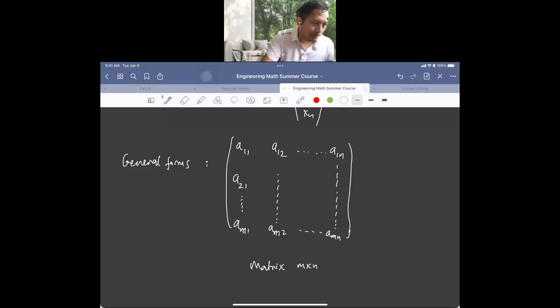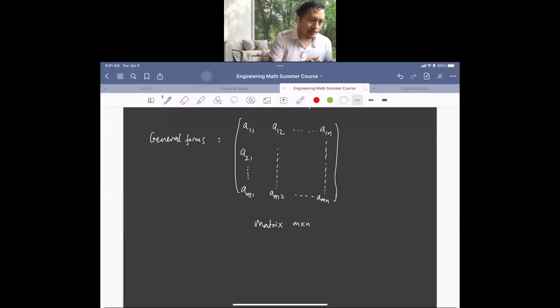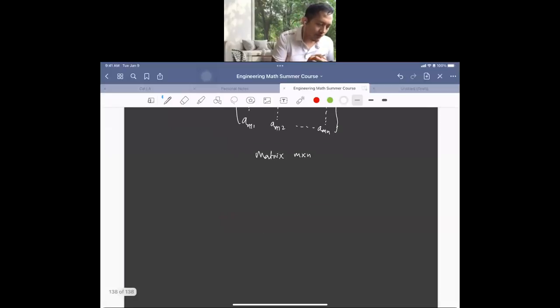One thing to remember in matrix is, if you want to multiply matrices, let's say we have matrices A and B, we need to multiply the row and column.